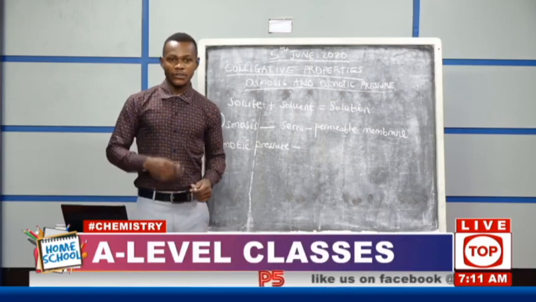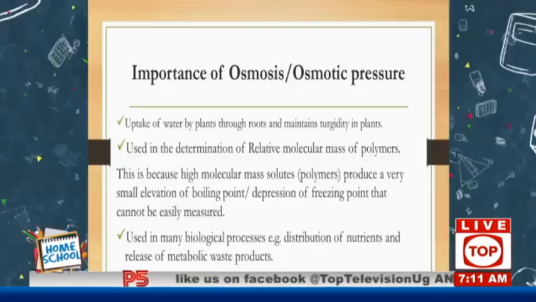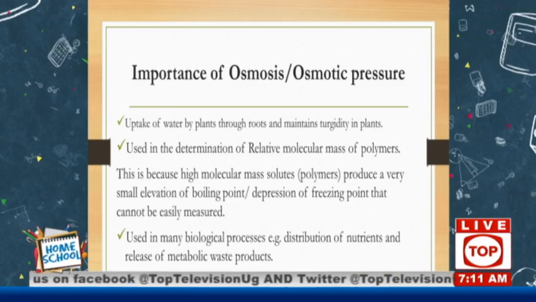Let us look at the importances of osmosis and osmotic pressure. You well know that when we are dealing with chemistry, we talk about osmosis, how it is applied in chemistry. But as well, when you go to importances, you can generalize and say there is uptake of water by plants through the roots.